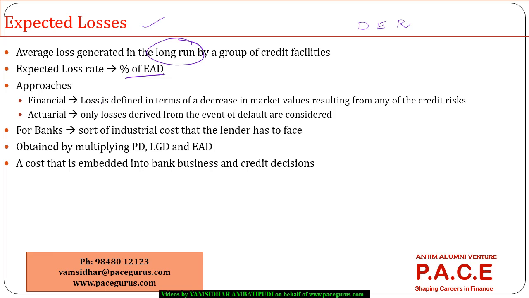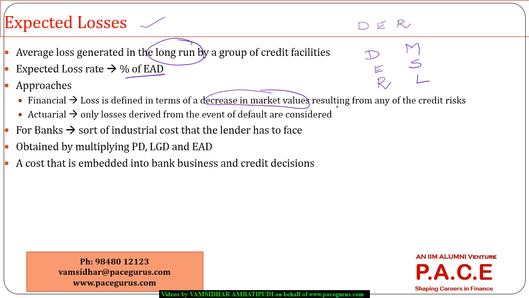There are two major approaches to compute the expected loss. One is a financial approach, where we are talking about the loss in terms of decrease in the market values resulting from any of the 6 different forms of credit risk, which is the default risk, the exposure risk, or even the recovery risk, or even from the other aspects like the migration risk, the spread risk, or even the liquidity risk.